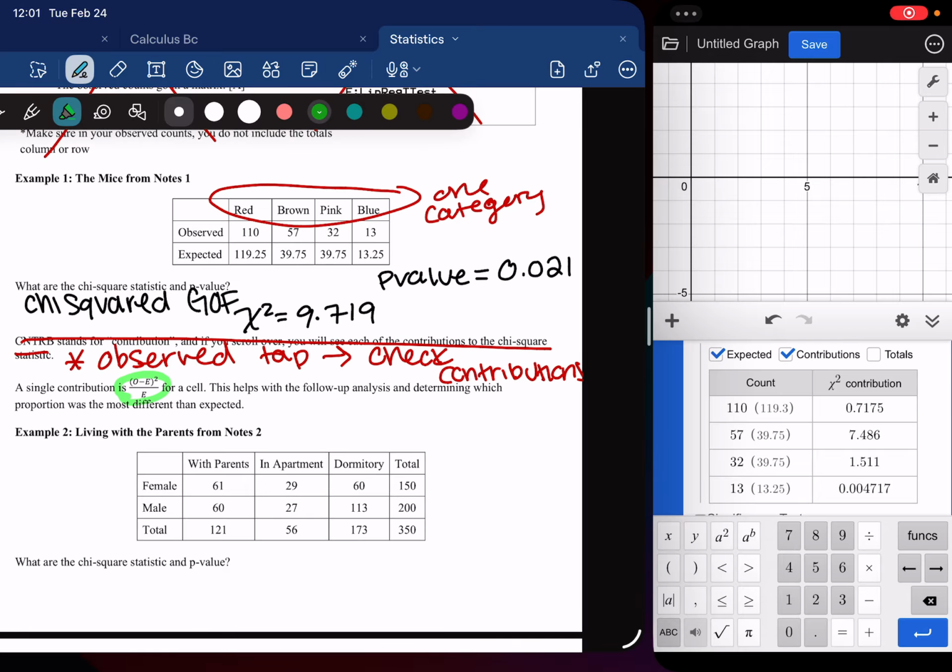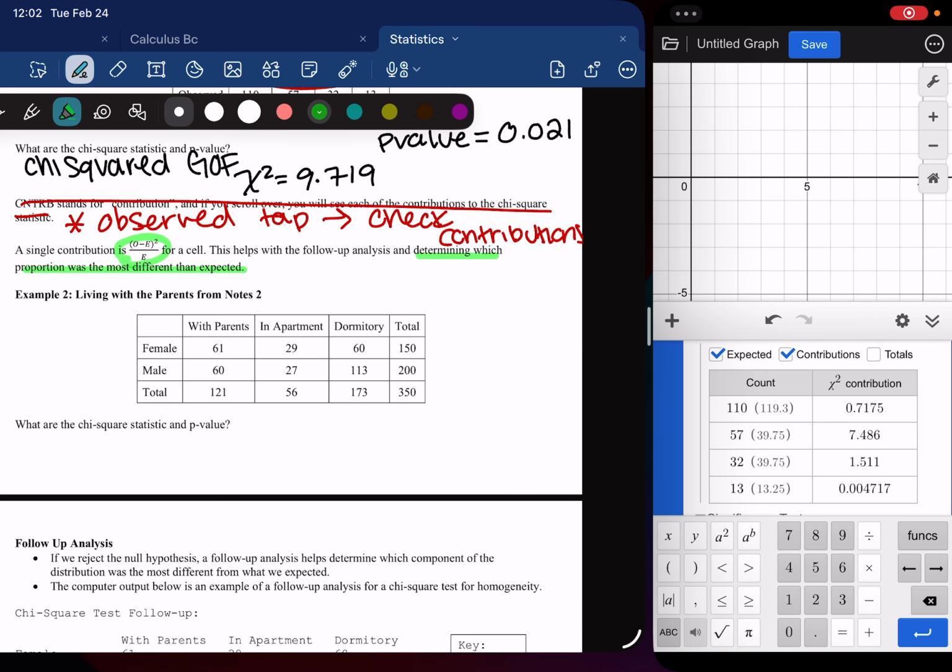This is important because it helps us determine which proportion was the most different than expected. So the higher the contribution, the more it differs from what we originally expected.